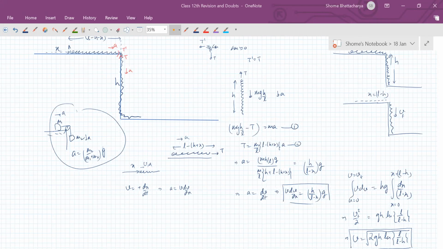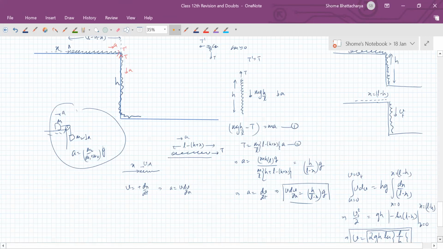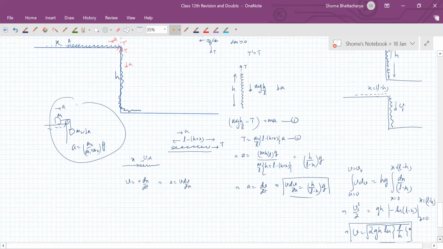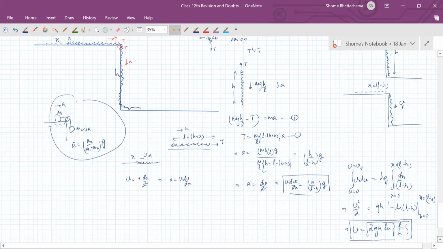So it will be L by L minus H. Yeah, x is L minus H, so when you substitute L minus H, this is basically minus of ln L minus x for the limits x equal to 0 to x equal to L minus H. Substitute all that, you will get this. All this inside the square root, remember.